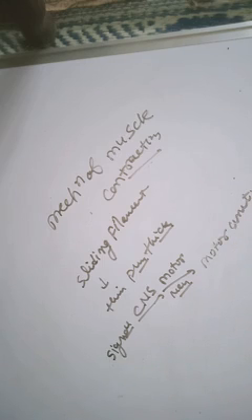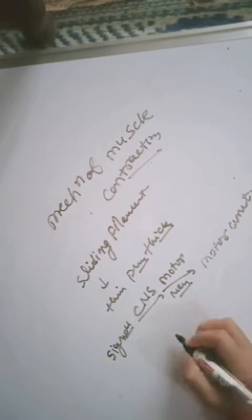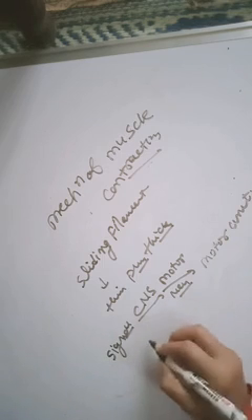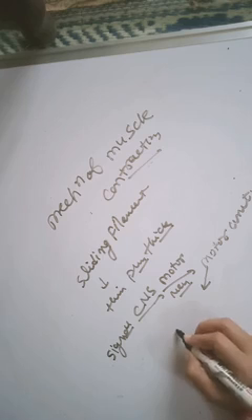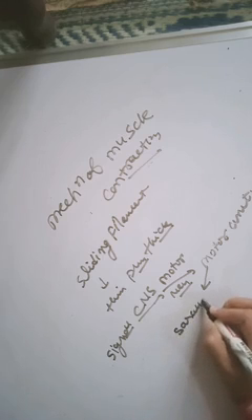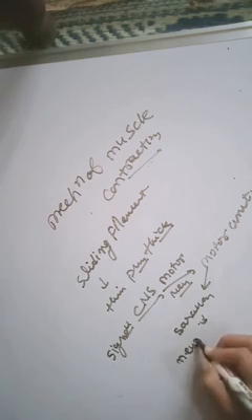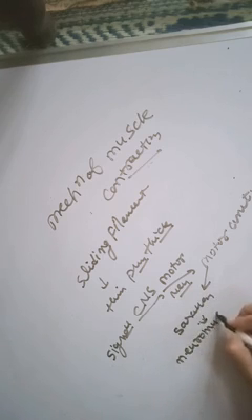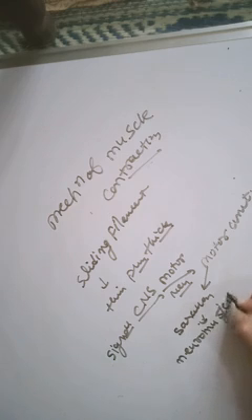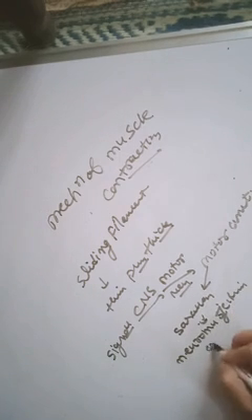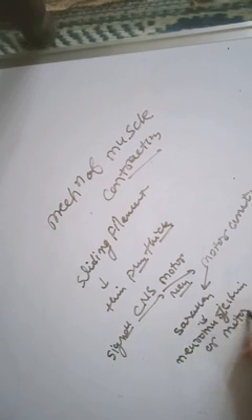The junction between the motor neuron and the sarcolemma of the muscle fiber is called the neuromuscular junction or motor end plate.